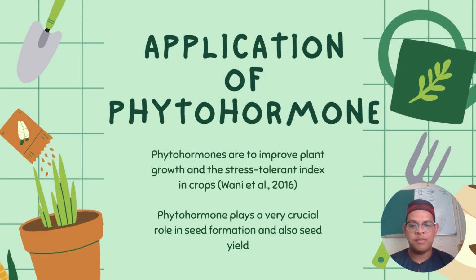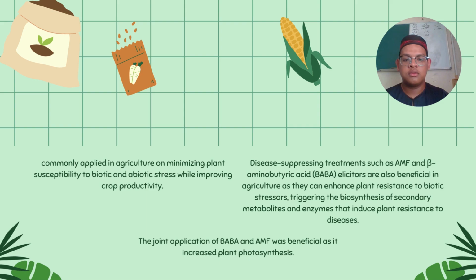Next is the application of phytohormones. Phytohormones are used to improve plant growth and the stress tolerance index in crops. Phytohormones play a very crucial role in seed formation and also seed yield. They are commonly applied in agriculture to minimize plant susceptibility to biotic and abiotic stress while improving crop productivity.